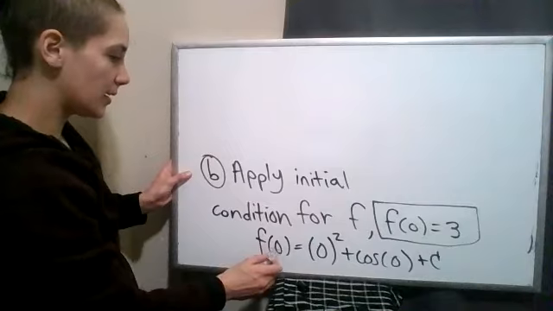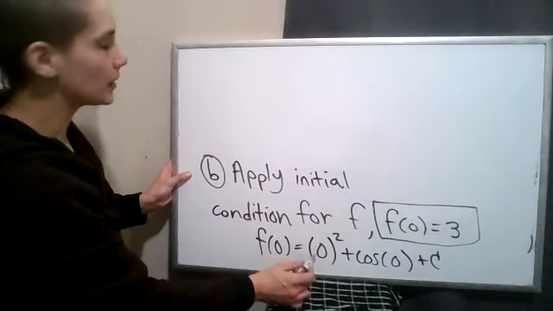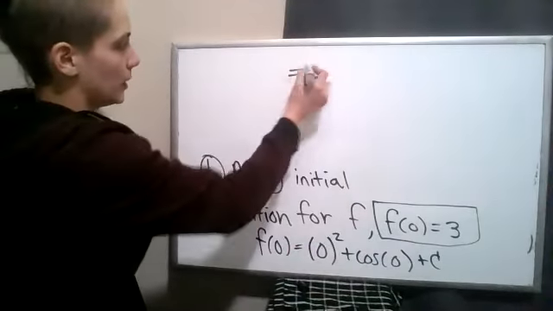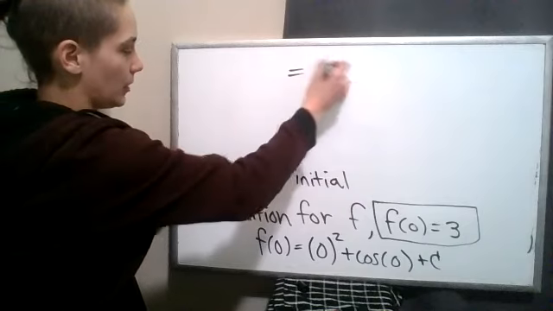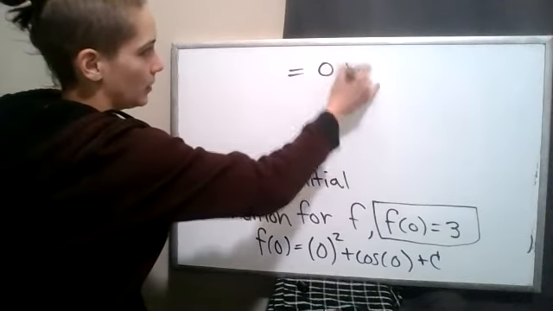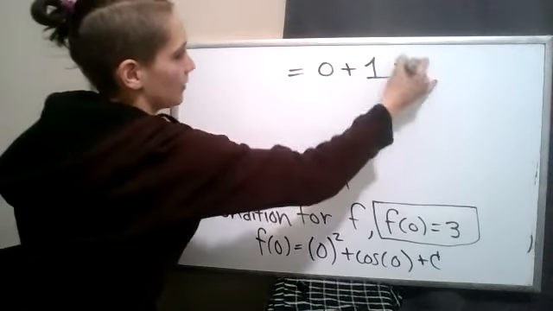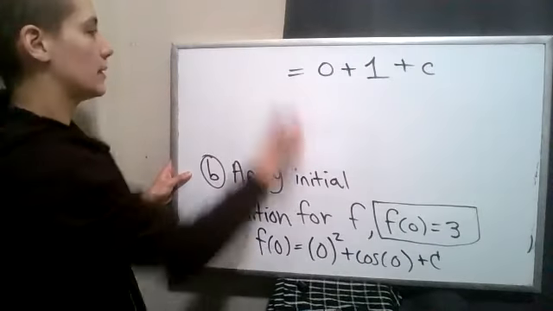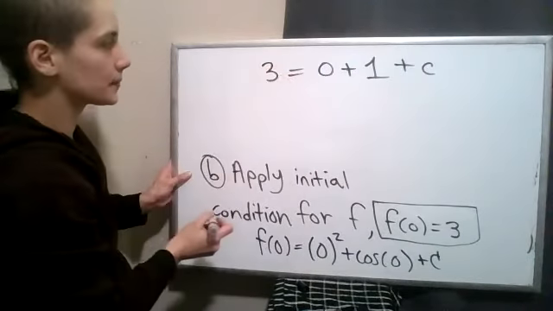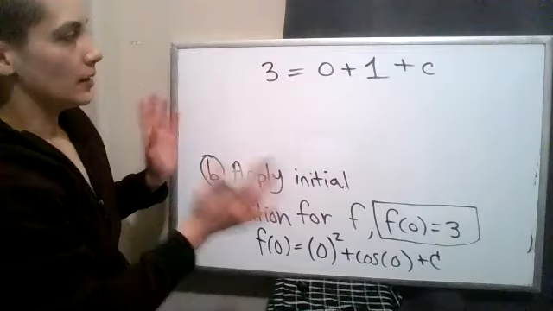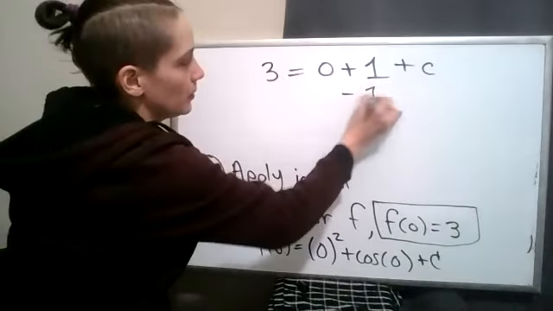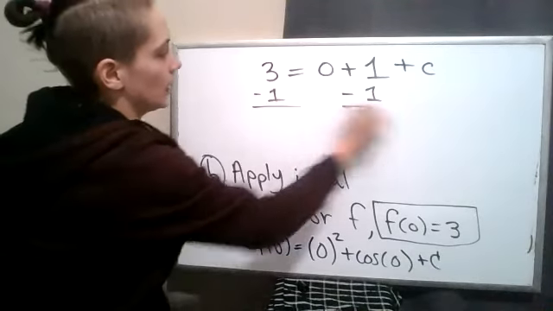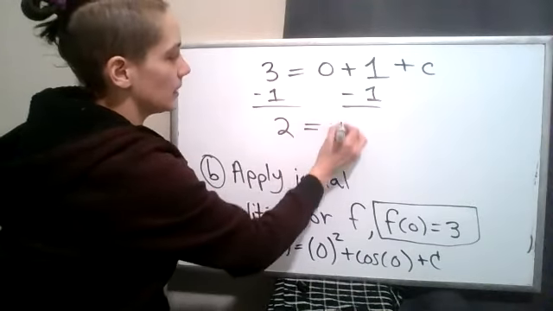So I want 3 sitting here and copy this side down on the other. Let's copy it first. 0 squared is 0. Add cosine of 0, which is 1. Add c. F of 0 is being replaced with 3. Okay, so let's do minus 1, minus 1, got 2 equals c.